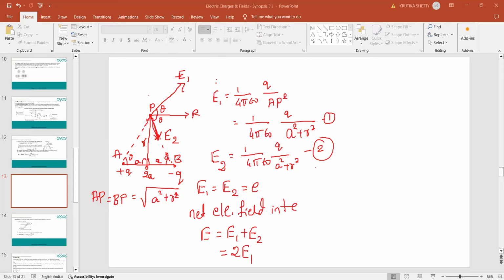The resultant electric field intensity, because here whatever you are writing for the, so one more diagram I am showing you.